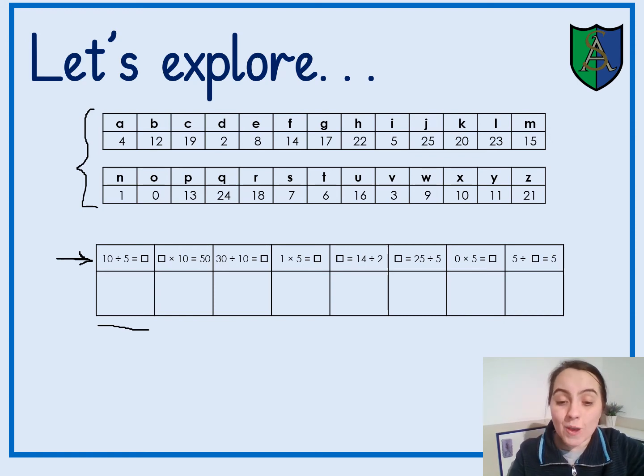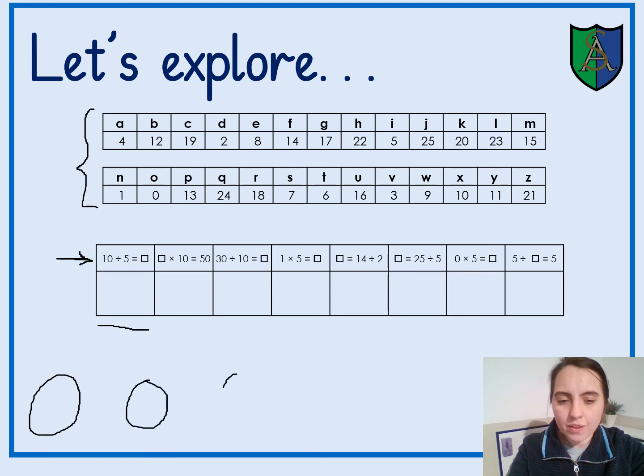So what we could do is we could draw it out, couldn't we? We could draw 5 groups. 1, 2, 3, 4, 5, and we could share 10 between each. 1, 2, 3, 4, 5, 6, 7, 8, 9, 10.